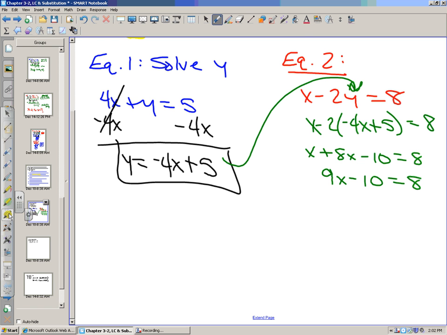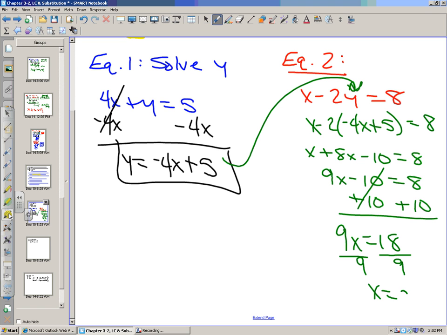Now what? Add 10 to both sides. 9x is equal to 18. Divide by 9. x is 2. I'll take note of that.